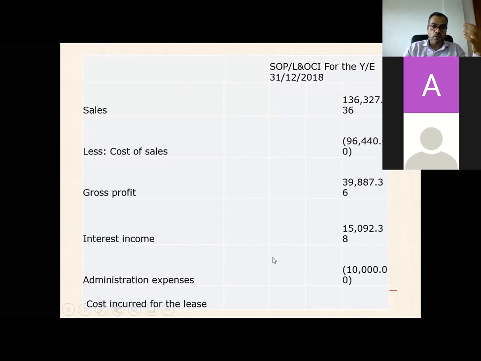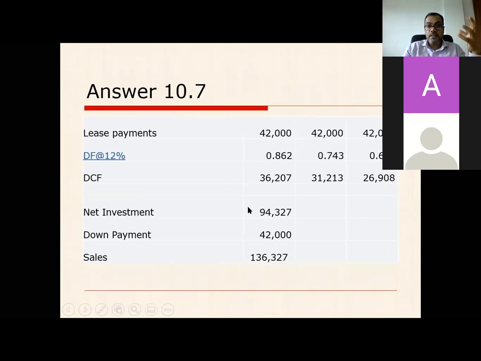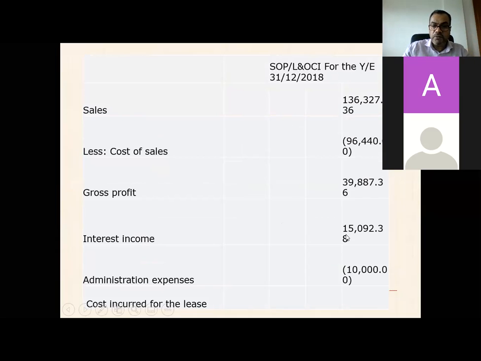What came to my mind was, here interest income is 15,000. It should be exactly the interest charge at the given interest rate on this value. This is your net investment, 94. 94, so here it is 12. When I mentally calculated, 12% of 94 does not come to 15.